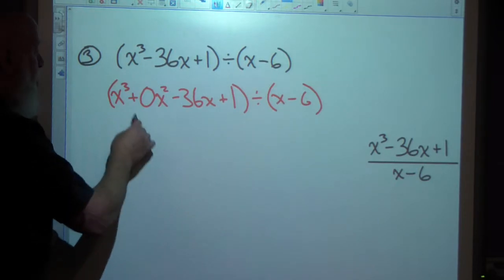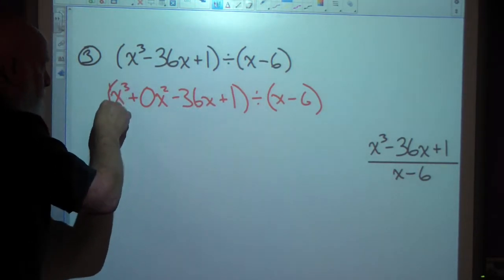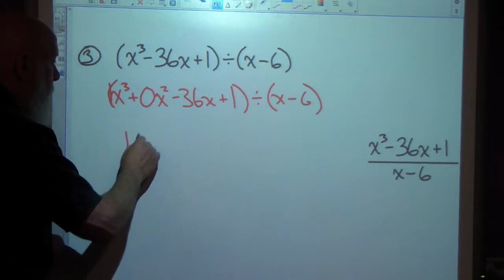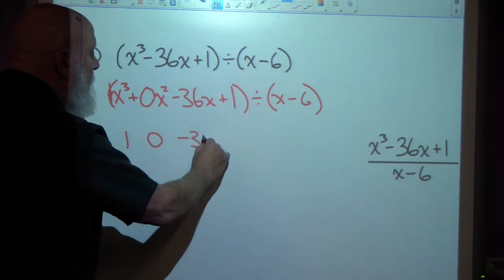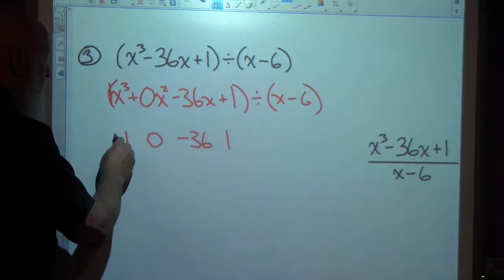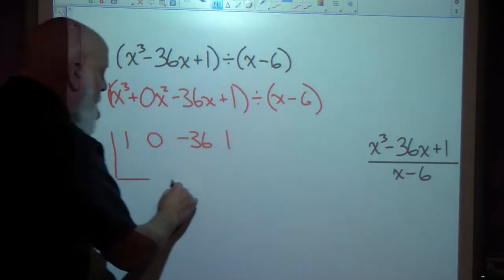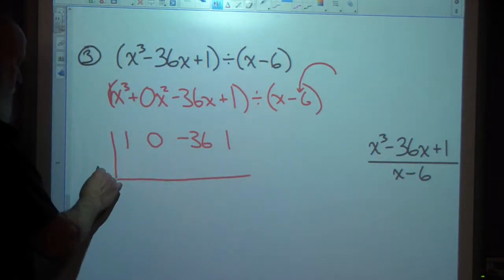So here we go. I'm going to write the coefficients of these in a row. This is an implied 1 right here. So that's 1, 0, negative 36, 1. Once I get all of these coefficients written, I do my little weird L looking thing there and put the opposite of this number right here.